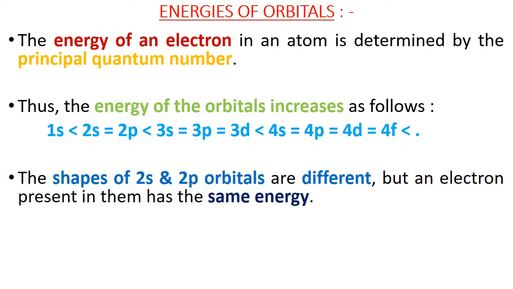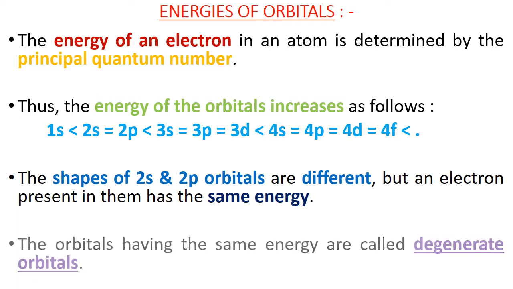The shapes of 2s and 2p orbitals are different, but an electron present in them has the same energy. The orbitals having the same energy are called degenerate orbitals.